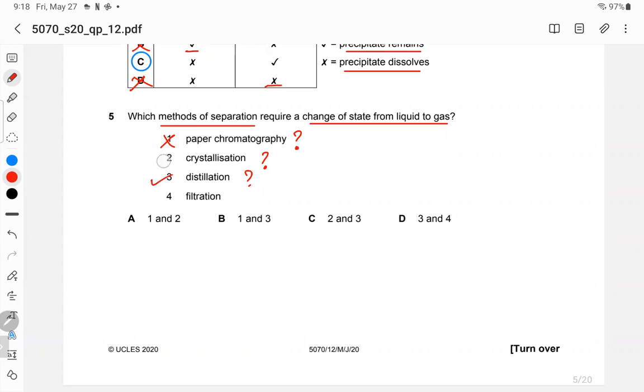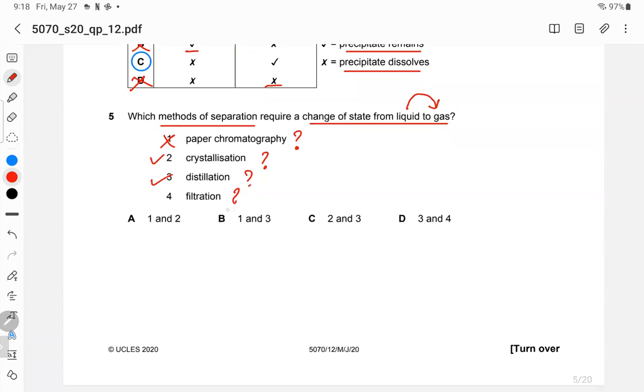But here we also have to change the liquid into gas, because in crystallization we evaporate some of the solvent. So if we evaporate some of the solvent, then the state change from liquid to gas occurs in crystallization as well, isn't it? Yes, sir. So in crystallization, a liquid changes to a gas, and also during distillation. And what about filtration?